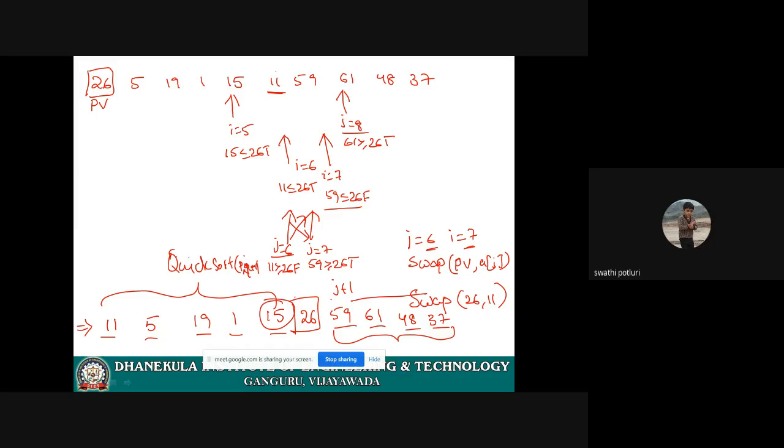These are the two recursive calls we apply in the quick sort algorithm after partition. Partition means the pivot element comes in the middle and we divide into two subarrays. Again, we call the quick sort algorithm on this part and on this part. Is it clear? Shall I continue the problem, or do I have to solve the left subarray and right subarray again?